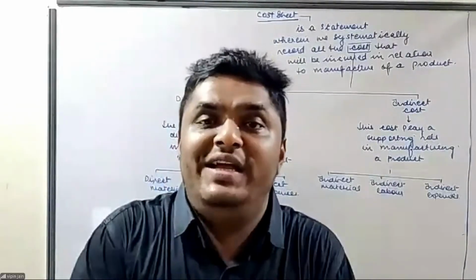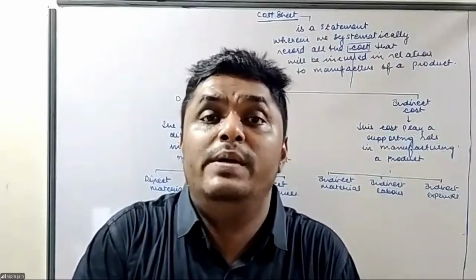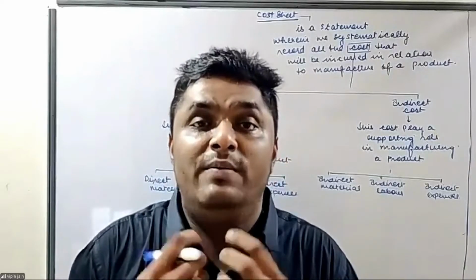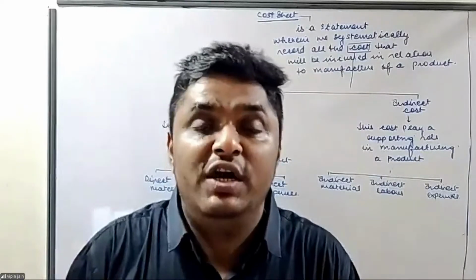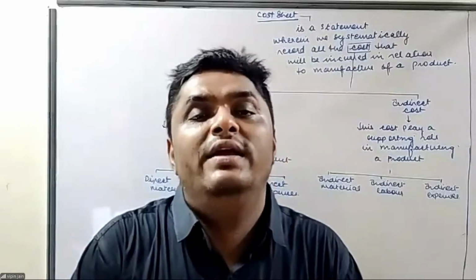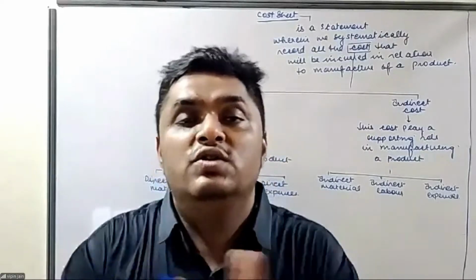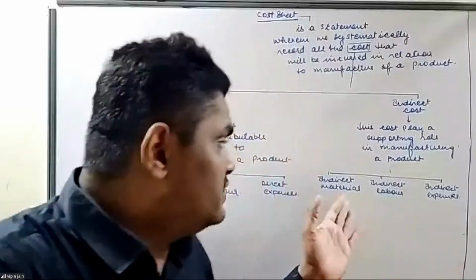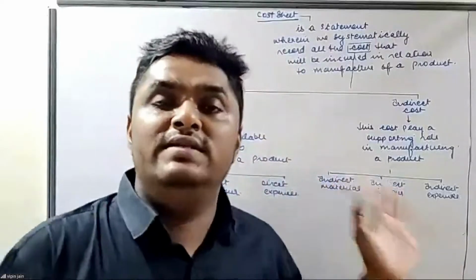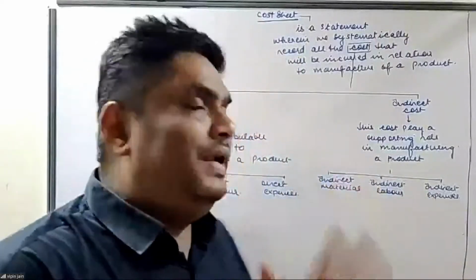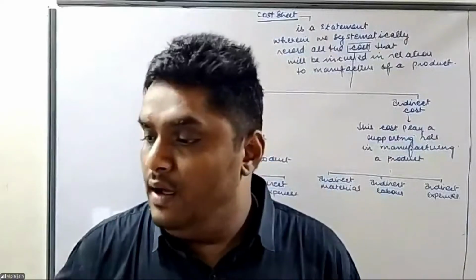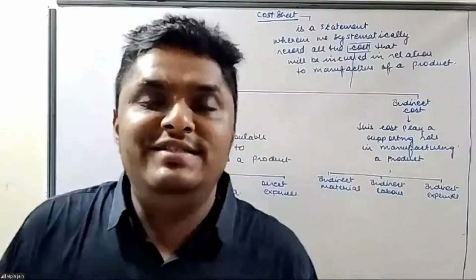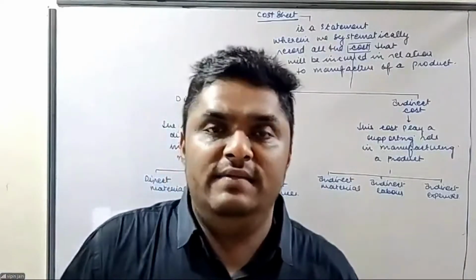Now these lubricating oil, grease and other consumables are nowhere present in my final product. But yes, to manufacture a shirt, I need lubricating oil and grease on my machines so that the machine can function effectively or smoothly. So this lubricating oil, grease, or other consumables are what? My indirect material.